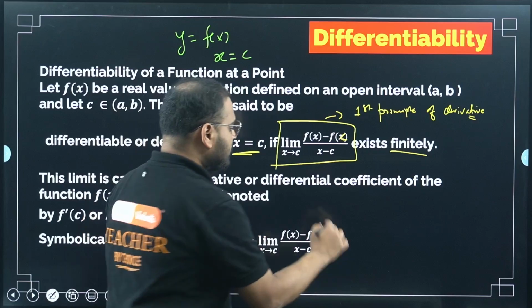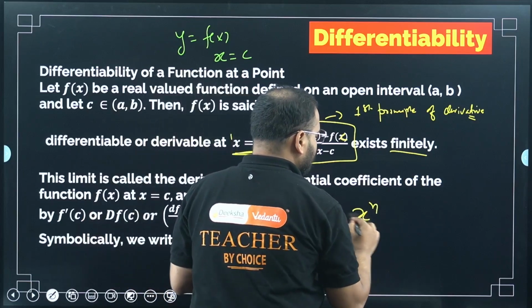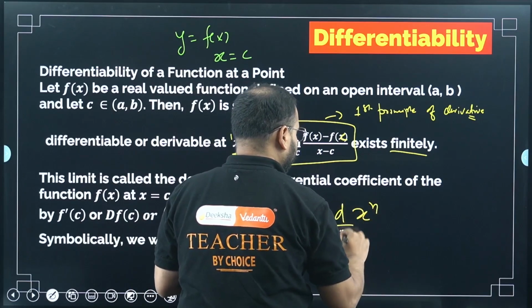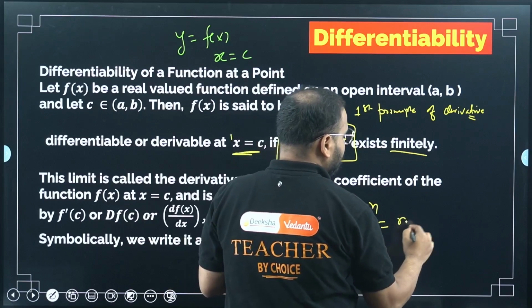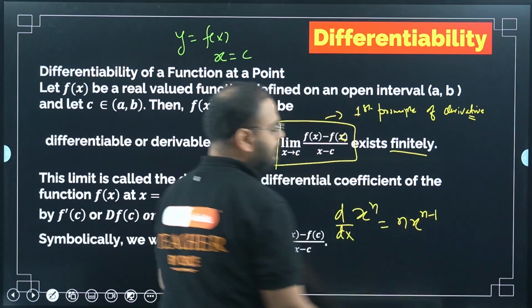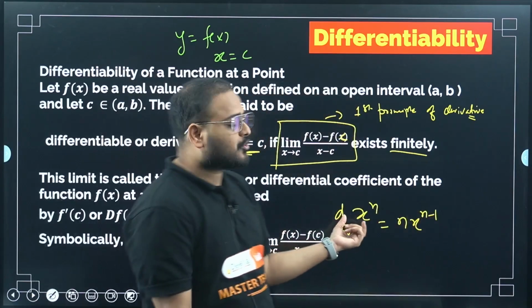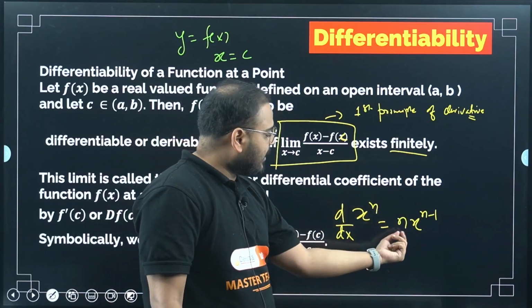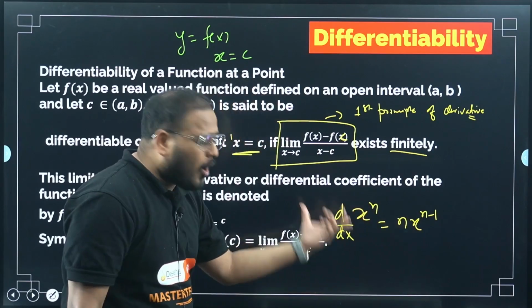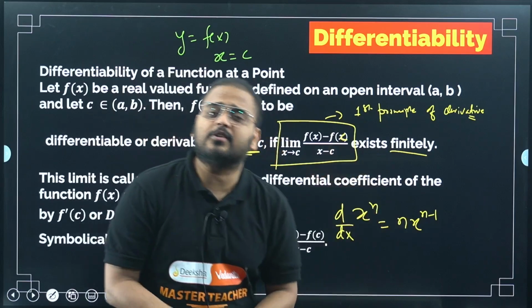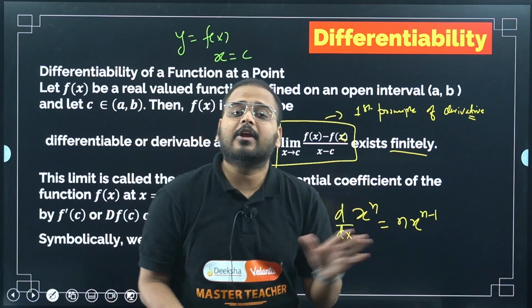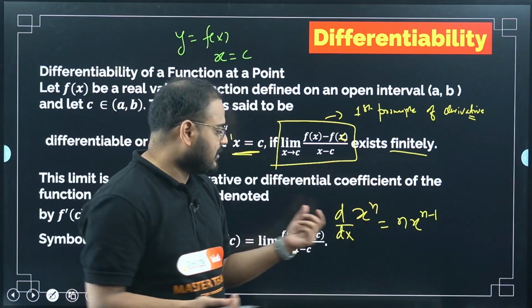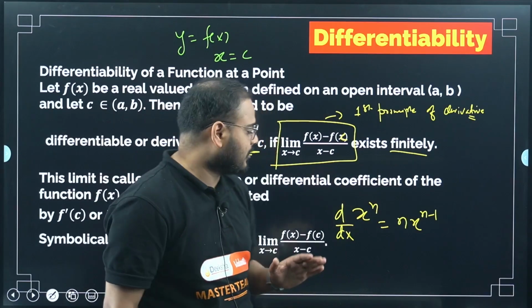For example, you know this formula, right? Differentiation of x power n is nothing but n times x power n minus 1. This is the differentiation of a polynomial function of order x power n. Not even this, you have trigonometric functions, whatever functions you have where you are applying the differentiation rules, separate formulas are given for all the functions.